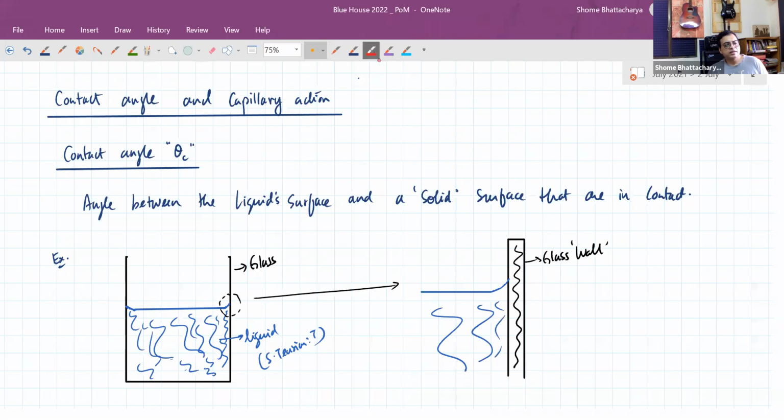So if we draw a tangent to the surface at the point of contact, that tangent is making some angle theta with the vertical or with the wall surface. So that angle theta is the contact angle.